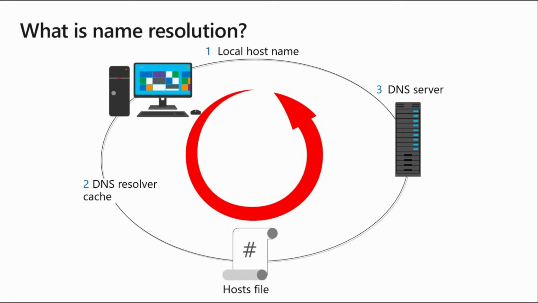And there is another thing called the host file. The host file is the same as DNS servers, but it functions only on the local PC. On the local PC, we have an option to manually register the name and IP address. That is called the host file.